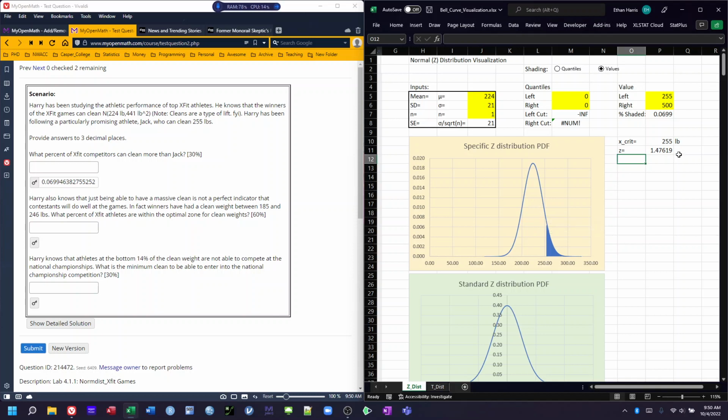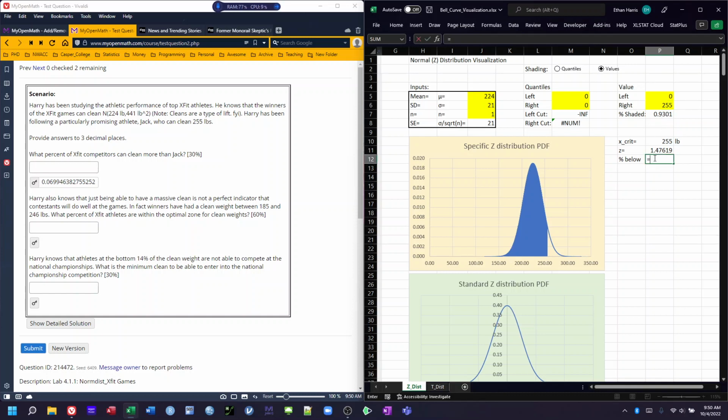And if I want to know what percentage below, if I swapped these out, if I made this equal to 255 and this equal to 0, that was shading the other way. I can get this shaded region. Let's take a look at how I would get this shaded region.